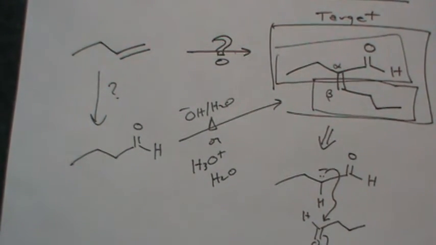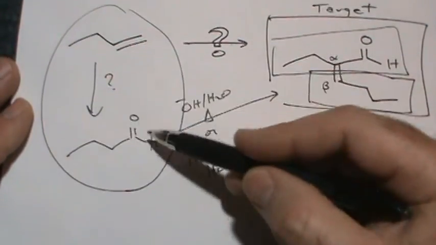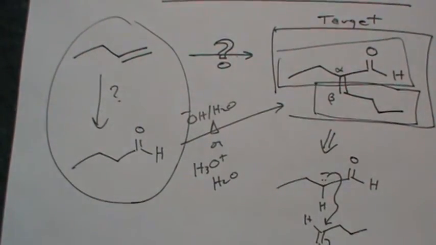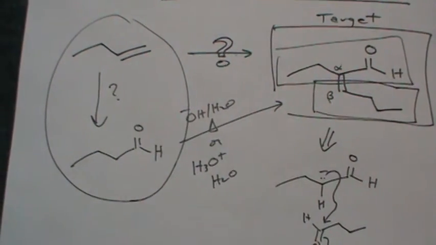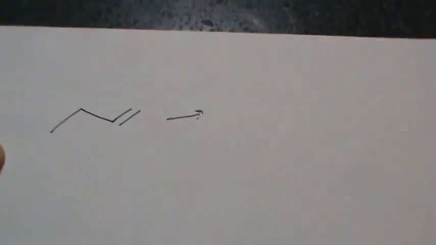So the problem then reduces to one of solving this synthesis. Can we convert this alkene into this aldehyde? Now we're going to have to use some chemistry that we learned a couple of weeks ago, but this is actually very doable. Not all that difficult, really.